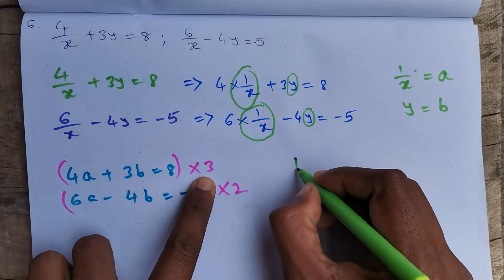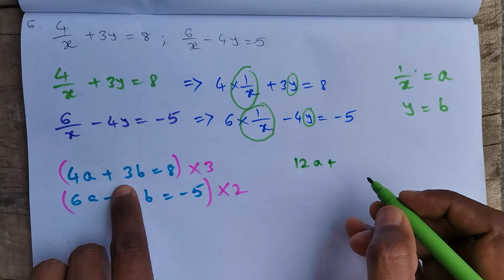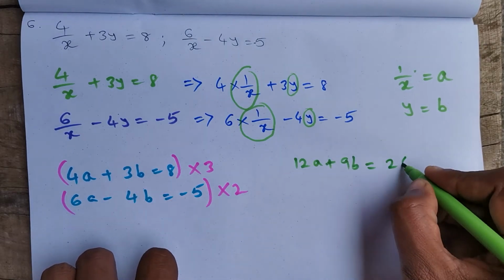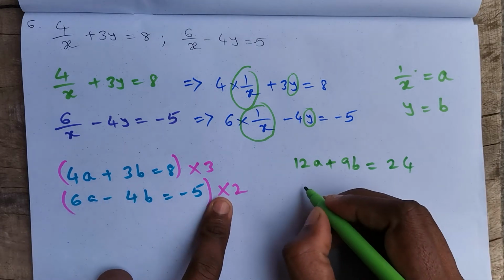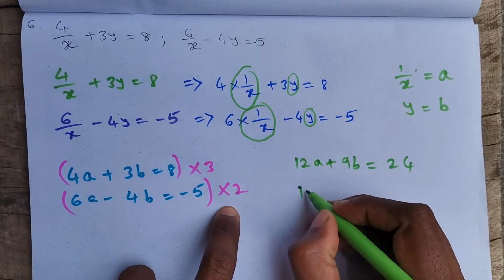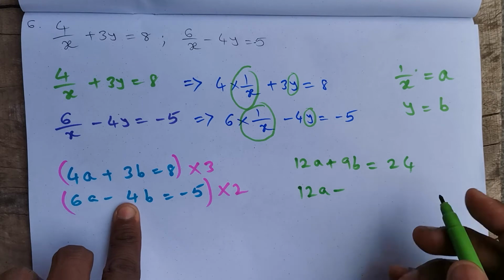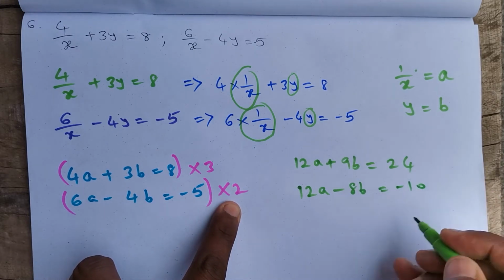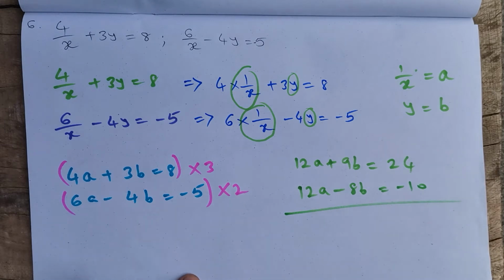4a into 3, 12a, plus 3b into 3, 9b, equals 8 into 3, 24. 6a into 2, 12a, minus 4b into 2, 8b, equals minus 5 into 2, minus 10. I am going to do subtraction.